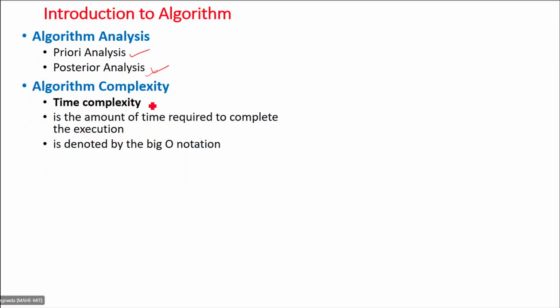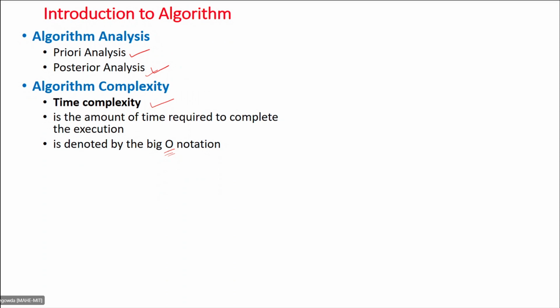The first factor is time complexity. The time complexity of an algorithm is the amount of time required to complete the execution. The time complexity of an algorithm is denoted by big O notation. We will be discussing this in the coming slides. Here, the big O notation is the asymptotic notation to represent the time complexity.